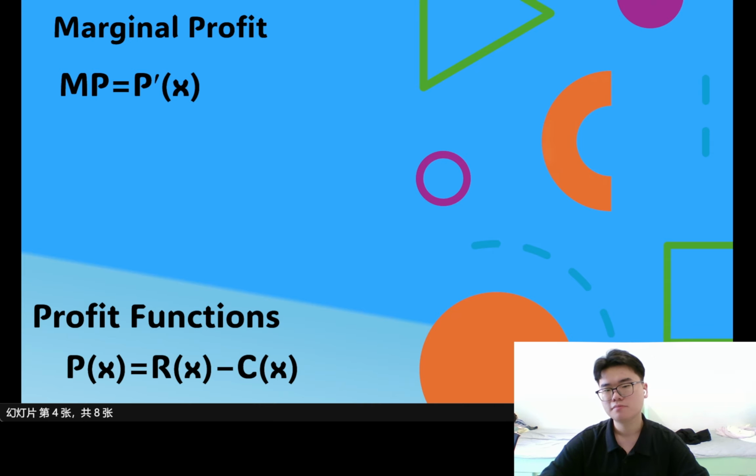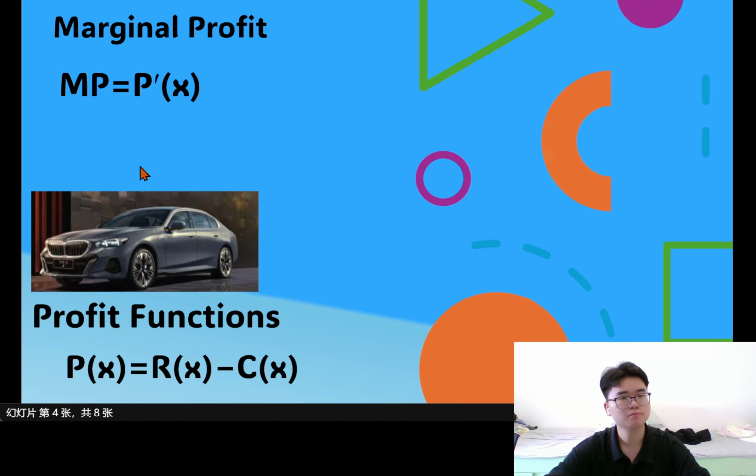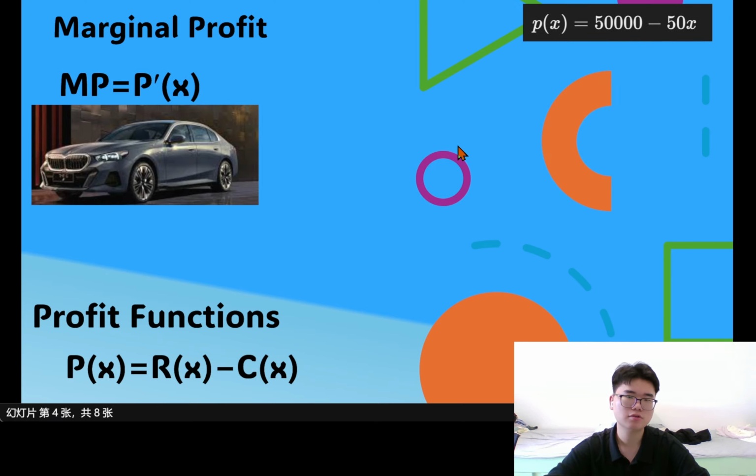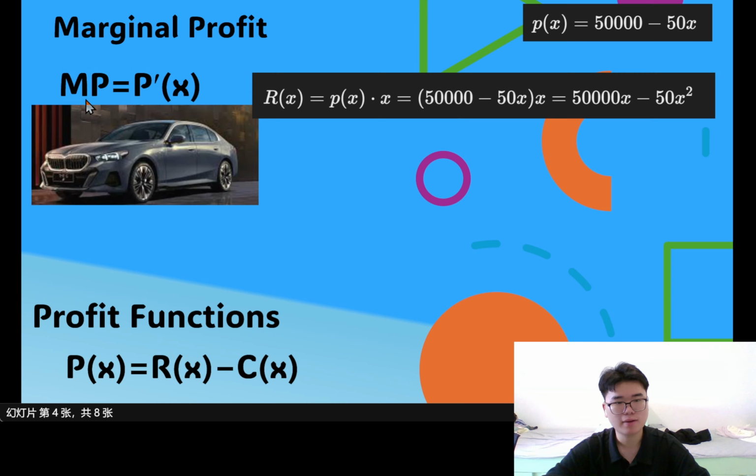I will give you another example. This time, it's a dream car of many people. BMW. Many people like it. We can assume the function about the profit function.